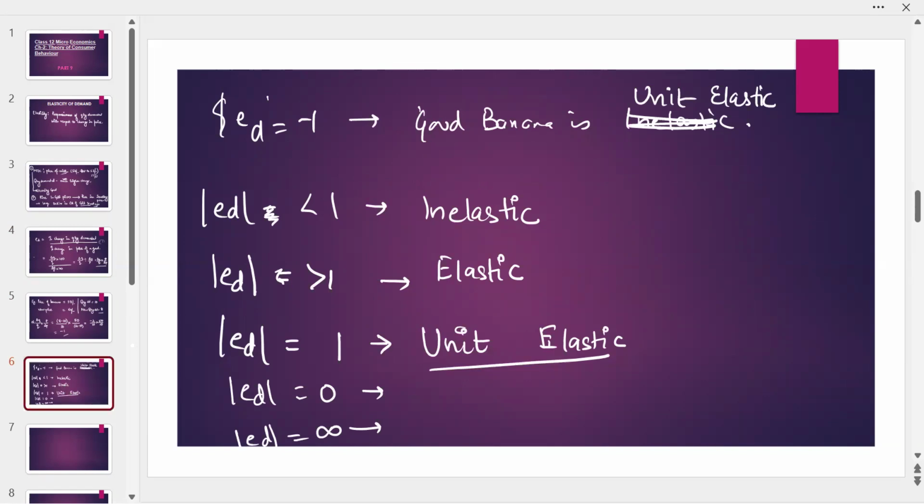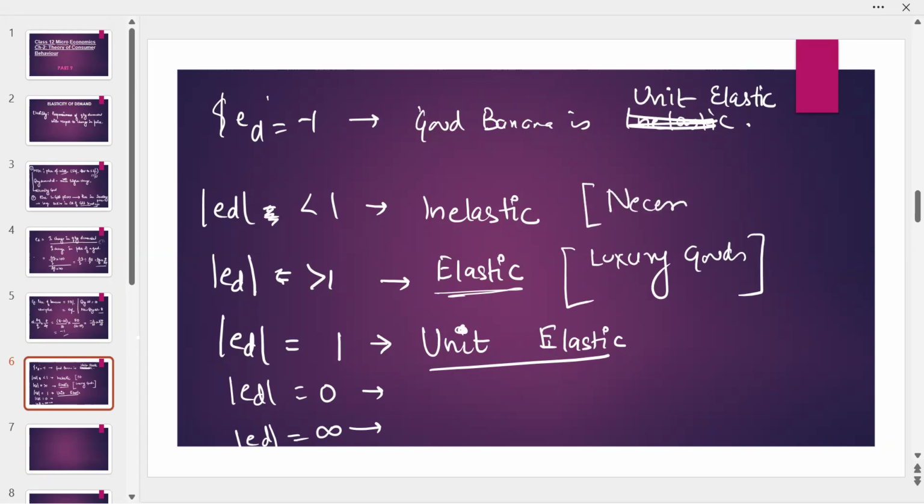All right. So this is called unit elastic. However, if the elasticity of demand is greater than one, we call it elastic demand. For which goods we can see elastic demand? For example, the luxury goods, the goods which have alternatives. However, the goods which are inelastic are necessity goods. Perfect.